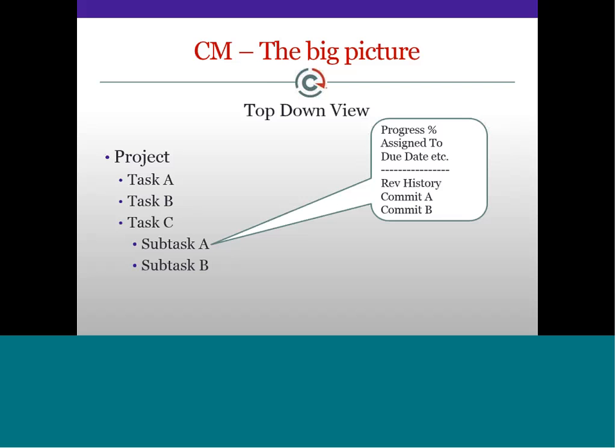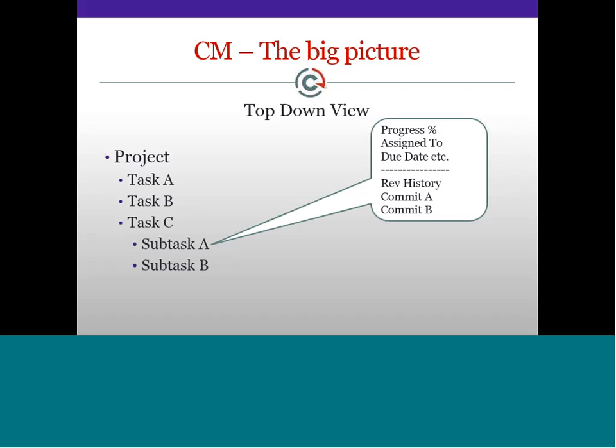So commit A is the listing that tells you what all files got changed, by whom, and what the content was that got changed. So you have full visibility into how each task is affecting the actual work.